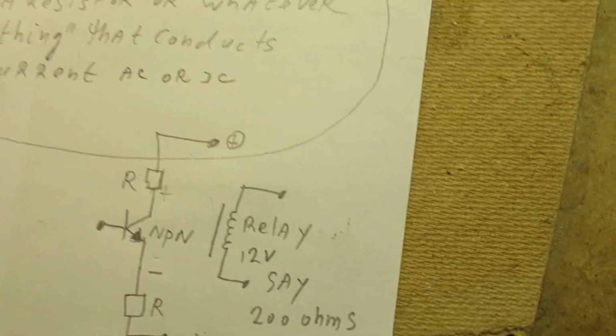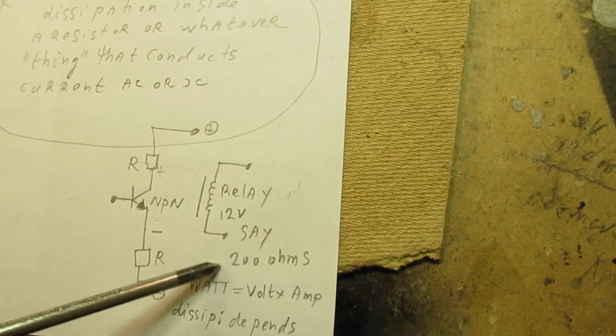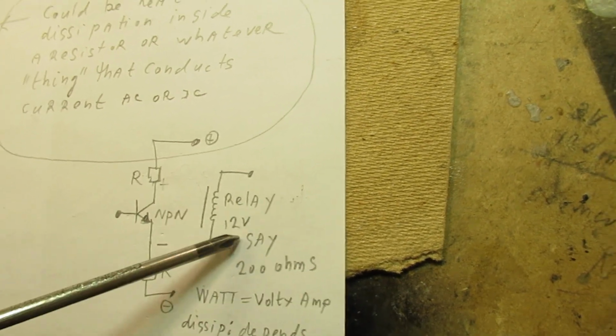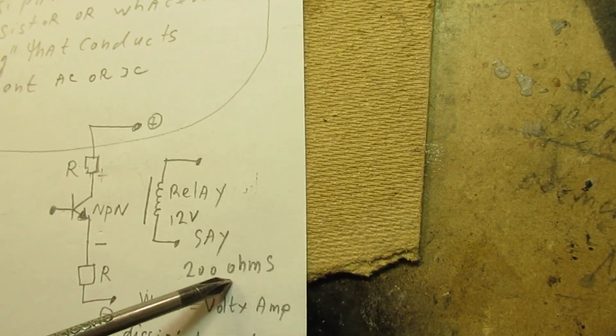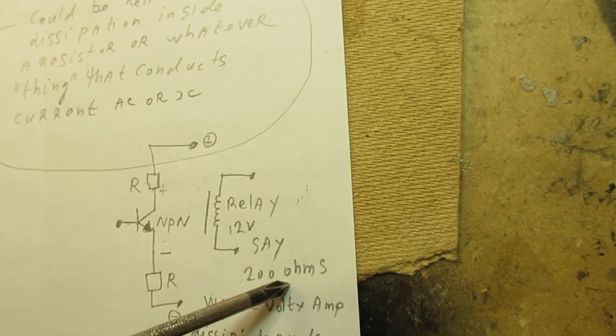Relay, for instance, say such a 12-volt relay has in general a DC resistance in the order of 200 ohms up to 250 ohms.